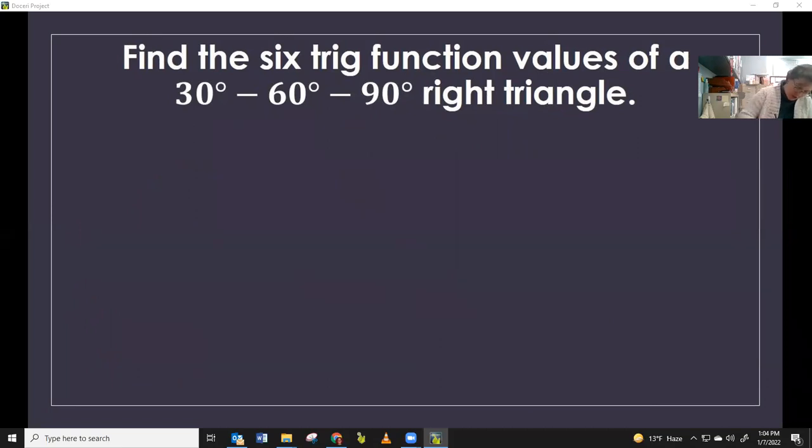We are going to start off with an equilateral triangle. What do you know about an equilateral triangle? All the angles are 60 degrees. What else? All the sides are equal.